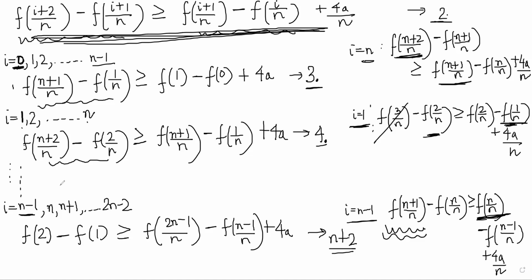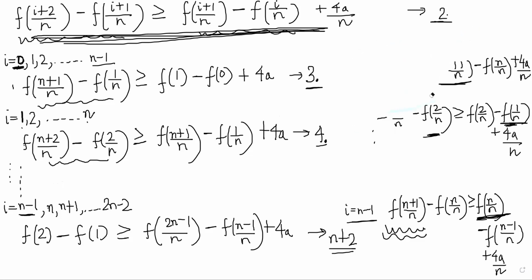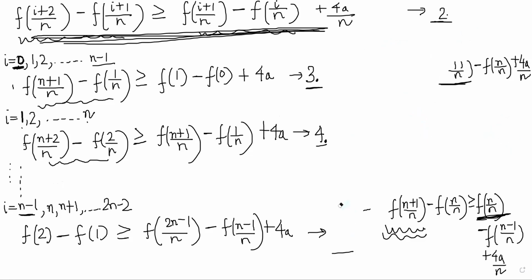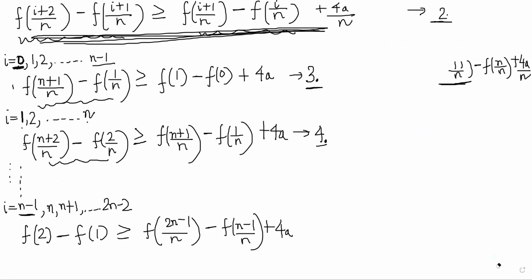So if I end up getting this, what I will try to do now is add up all of these n inequalities, right? If I add up all of these n inequalities, you will realize that there are many terms on the LHS and the RHS which will keep getting cancelled. Why?